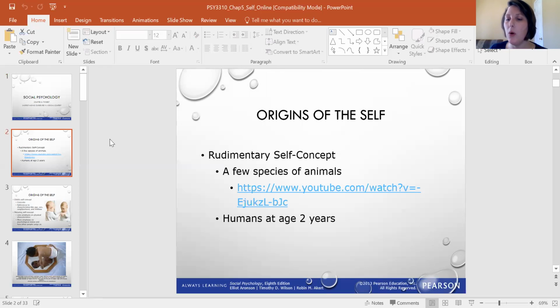So what we do to see if another animal can understand that it's looking at itself is a little trick where an animal is anesthetized very briefly, just to knock it out for a second.